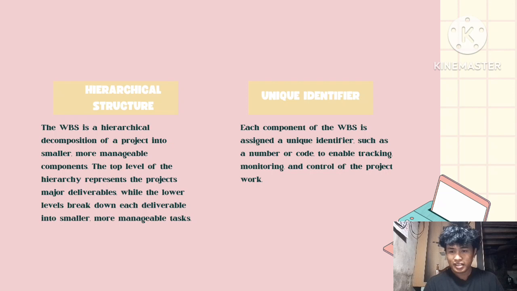Hierarchical structure: the WBS is a hierarchical decomposition of a project into smaller, more manageable components. The top of the hierarchy represents the project's major deliverables, while the lower levels break down each deliverable into smaller and more manageable tasks.